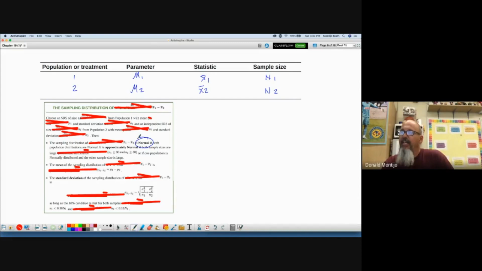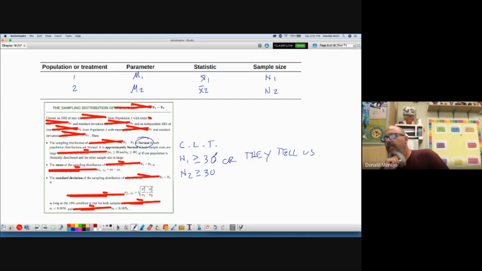If the data is approximately normal, so by the central limit theorem, which says that n1 is greater than or equal to 30, and n2 is greater than or equal to 30, or they tell us the population is known to be normal, we're good. Or if the central limit theorem applies, where our n's are greater than or equal to 30, then the data is approximately normal.